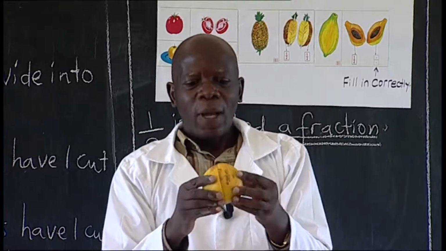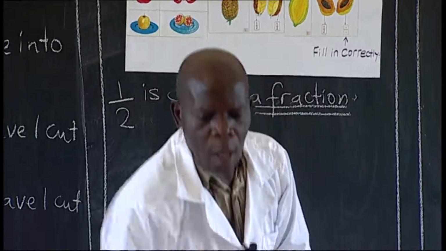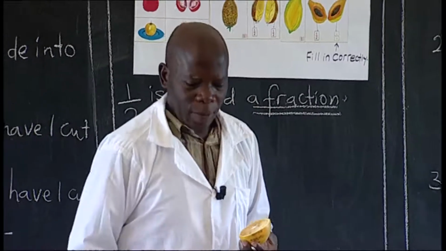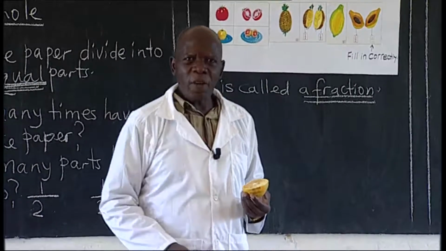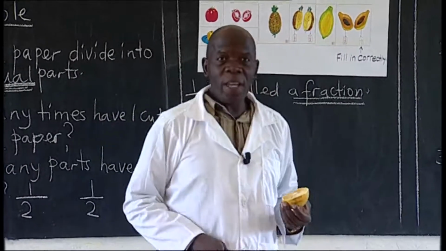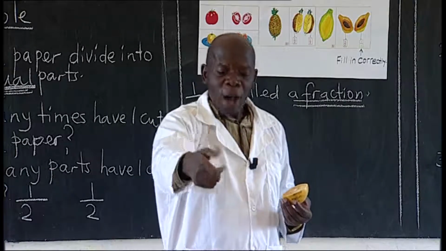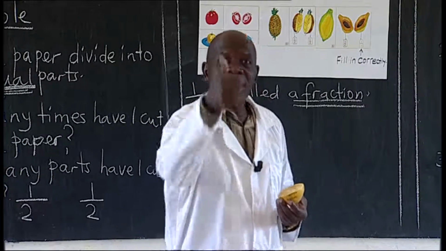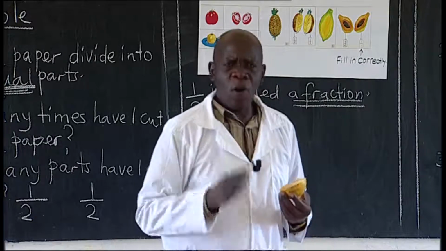Great. So, I want now to give you this part. So when I give you that part, what have I given you? Have I given you a whole orange? No, I have not given you a whole orange. That's great. But I've given you part of the whole orange.